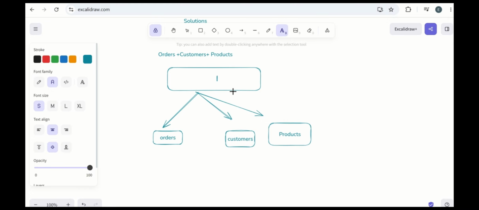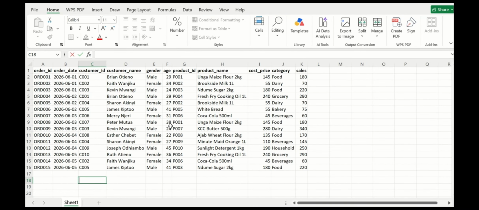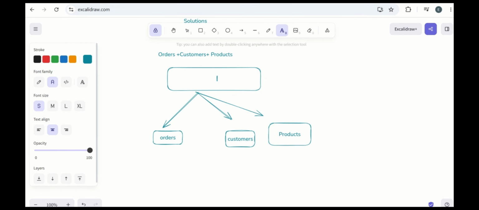So we are breaking down this large table into smaller tables: orders, customers, and products. We're breaking down to make sure that there's no data redundancy.